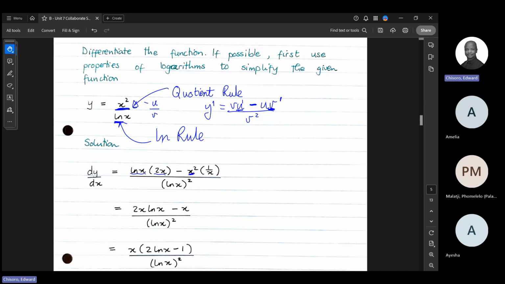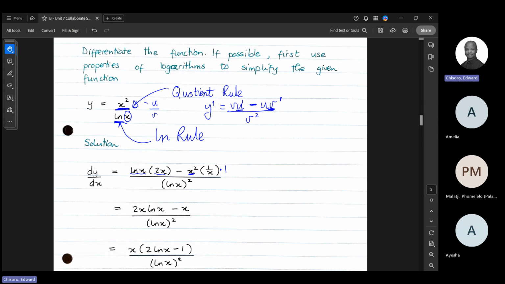A differentiation of a log is always 1 over whatever we have as the argument of the log times the differentiation of that thing. So it'll be 1 over x times the differentiation of x, which is 1, so we didn't even write it there. And then all divided by the denominator, v squared. So you take ln x and then you square it.